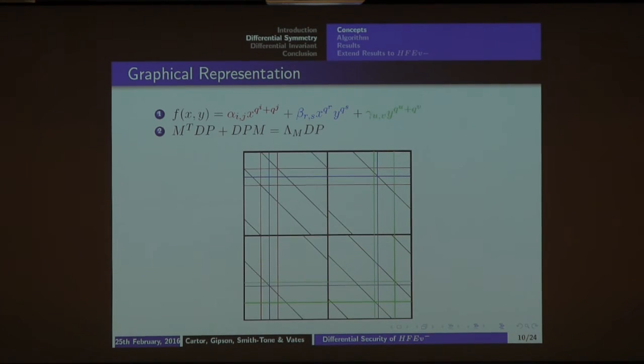And then our beta terms from our mixing variables is where you get the blue horizontal and vertical lines, and then the green for the gamma monomials respectively. The right-hand side of the equation, the lambda m dp, is represented by the 45-degree angle diagonal lines, and this is where you have non-zero information on the right-hand side of our equation.